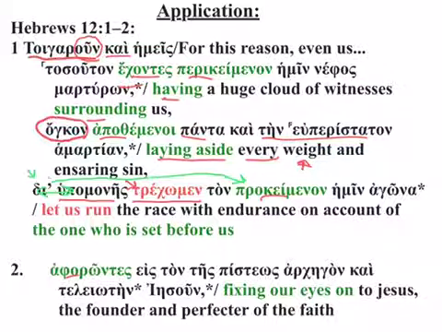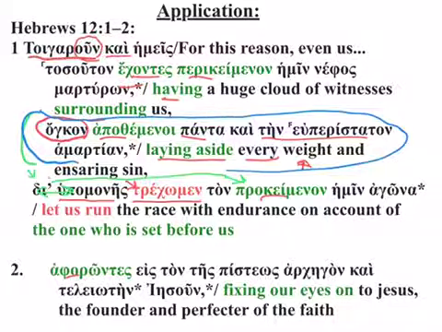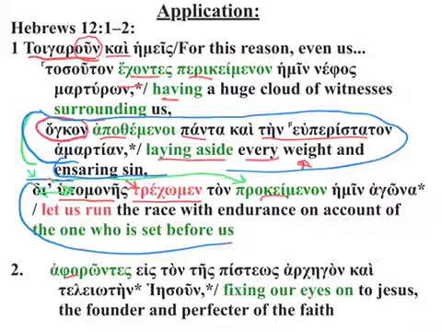We have this great cloud of witnesses, so let us lay aside every weight and also let us run the race. To me, there's two let us there, and you're almost giving this sentence right here equal authority with this sentence right here by translating both as let us.